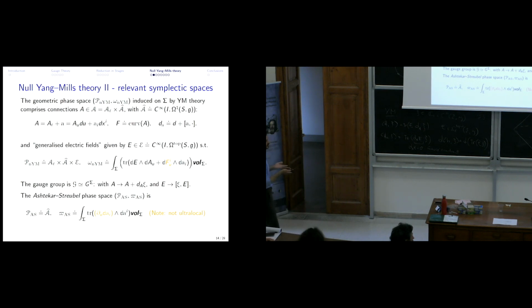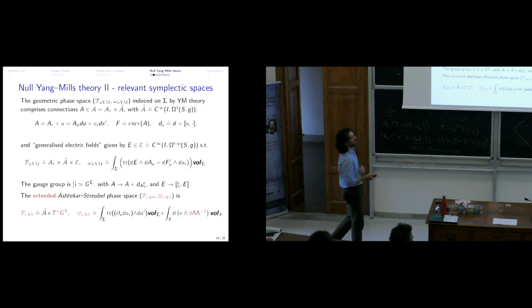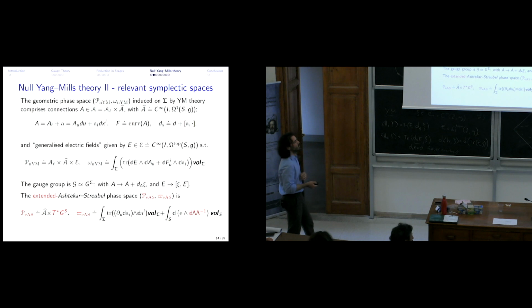There are other phase spaces that have been considered in this setup. One is an extension of this Ashtekar-Streubel phase space by the cotangent bundle of gauge transformations at the corner sigma.